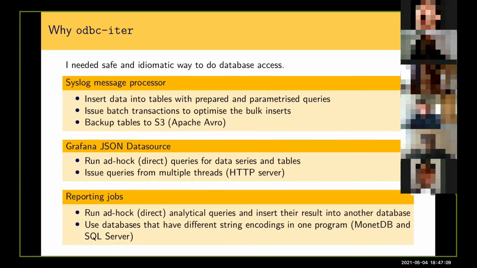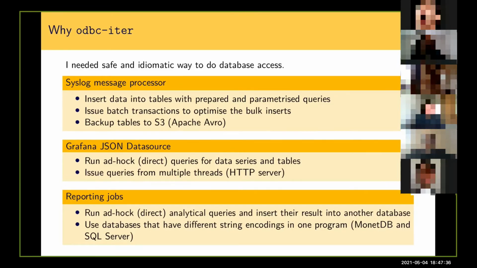There were 3 main components of the new system. One is the syslog message processor. It would take syslog messages, process them somehow, and then insert data into tables using prepared and parameterized queries for optimal performance, and also batch them up into bigger transactions.